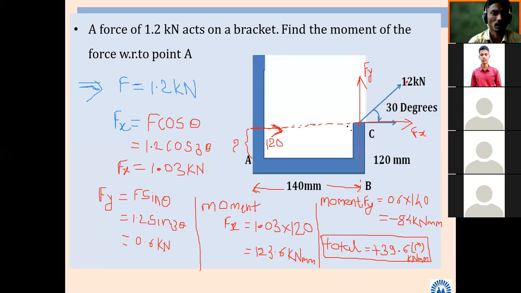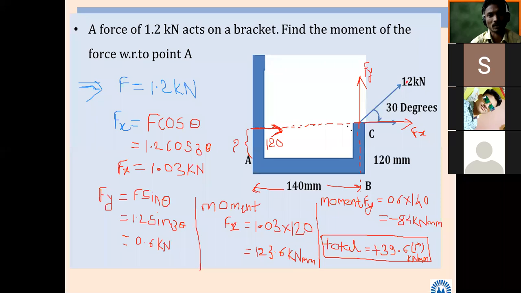Very simple. So what was the change between the earlier problems and this problem? In the earlier two problems, the forces given were either horizontal or vertical. But in this case, the force is inclined at 30 degrees with horizontal.